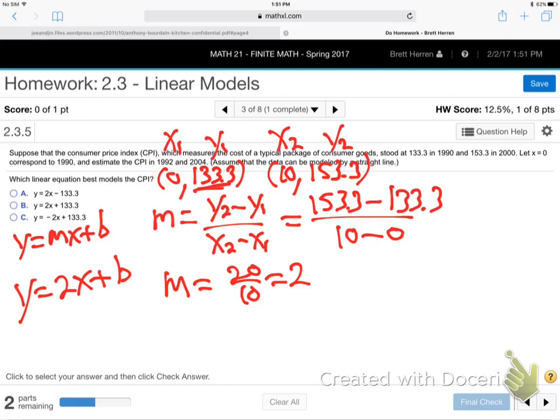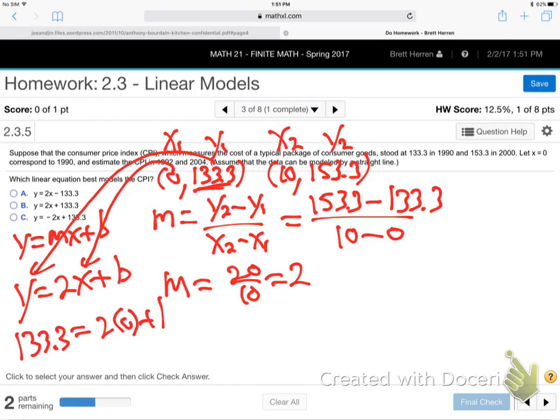But it's okay if you don't remember all that detail. Just plug in that point, or the other point would work too, but this one would be easier. By plug in, I mean plug the x for the x and the y for the y. So 133.3 equals 2 times 0 plus b. 2 times 0 is gone, and see how b does just equal the 133.3.